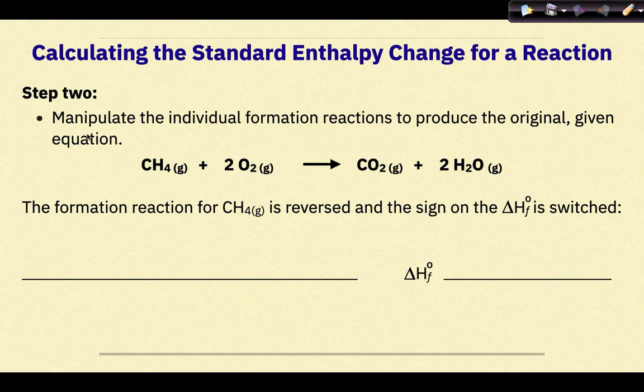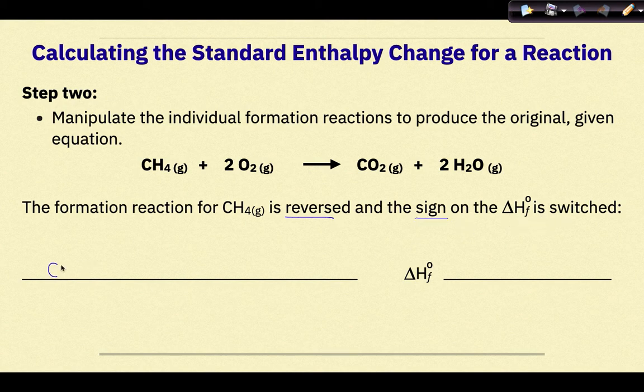Step 2, manipulate the individual formation reactions to produce the original given equation. So if we think about what we just did with the formation reaction for methane, now we're going to take it and reverse it, and as a result, the sign on the heat of formation is switched.